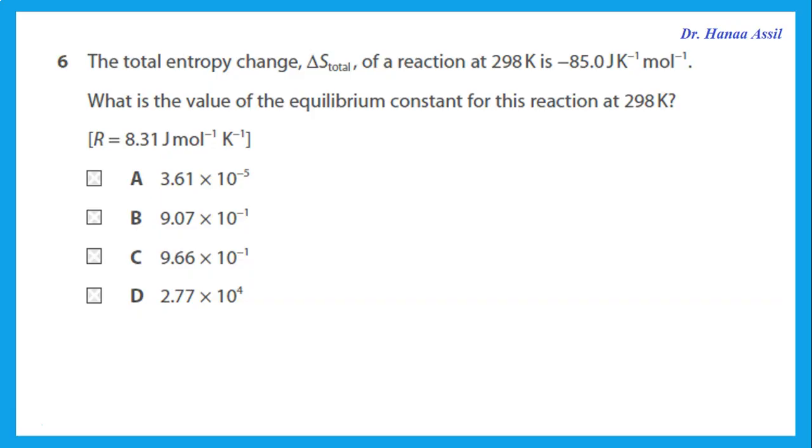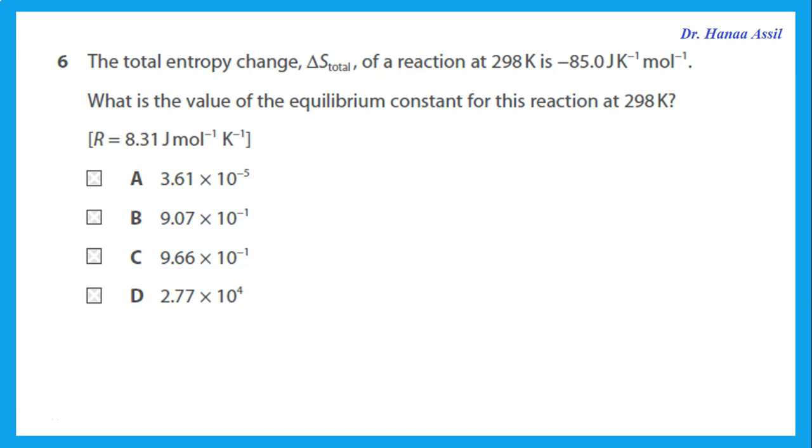Then question 6 says the total entropy change, delta S total, of a reaction at 298 K is minus 85 joule per degree Kelvin per mole. What is the value of the equilibrium constant for this reaction? Now, what is the relationship between delta S total and equilibrium constant?